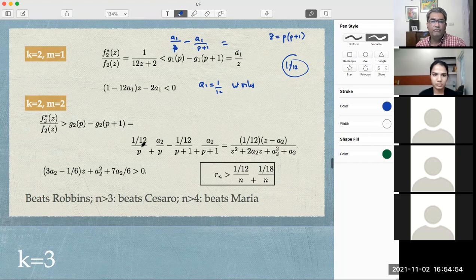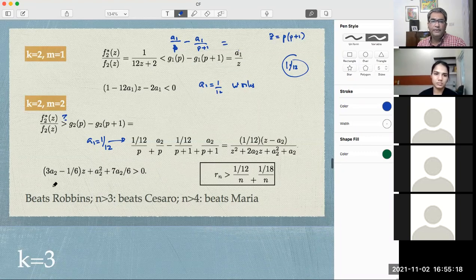So we took another one. Keep a1 equal to 1 by 12, go to G2 and try to find if this kind of inequality works. So this is G2p with a2 minus this, and when you simplify, you get something like this. Again, cross multiply; this f2 star and f2 stay the same.